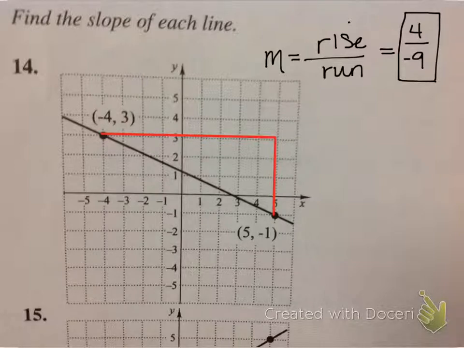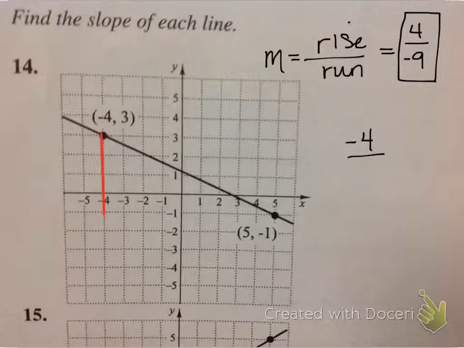Now, I started with the point 5, negative 1. What if you started with the point negative 4, 3. You're still going to get the same answer, because if you start with this point and you go down, let me try that again. I'm going down 1, 2, 3, 4, and since I'm going down, that would be a negative 4.